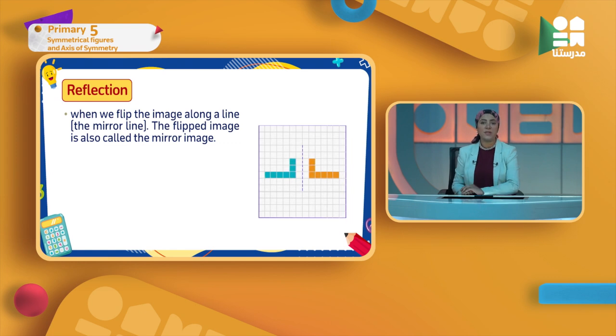Okay, so as you see here in front of you, I have this dotted blue line. It is my line of symmetry or my mirror line.